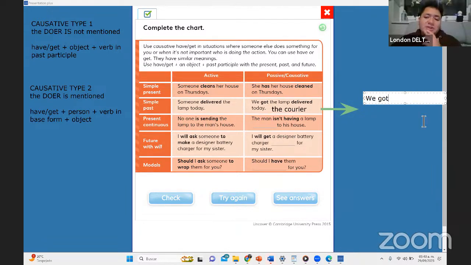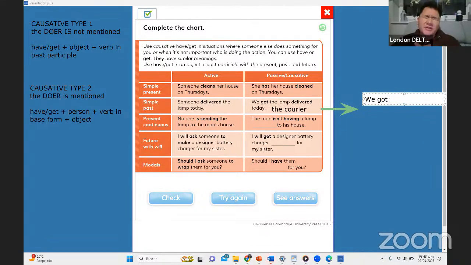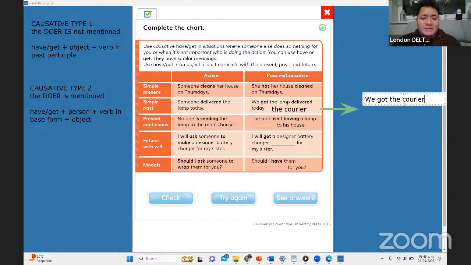Okay, we are going to use the same sentence. So it says we got. We got now the person. What is the name of the person that delivers the post? The courier. Okay, ya entendí. We got the courier. Verb in base form.